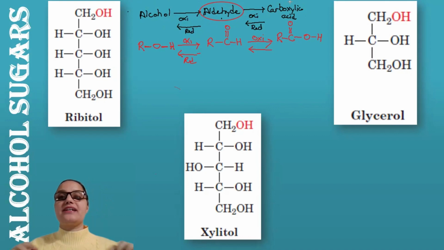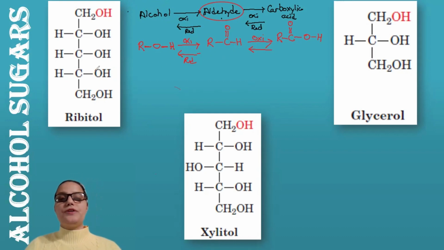So this fact from organic chemistry is the basis of the formation of these alcohol sugars, which are mentioned over here. And in the next slide, we are going to do the acid sugars as well, right? So this is the basis: whenever an aldehyde gets reduced, it leads to the formation of alcohol.